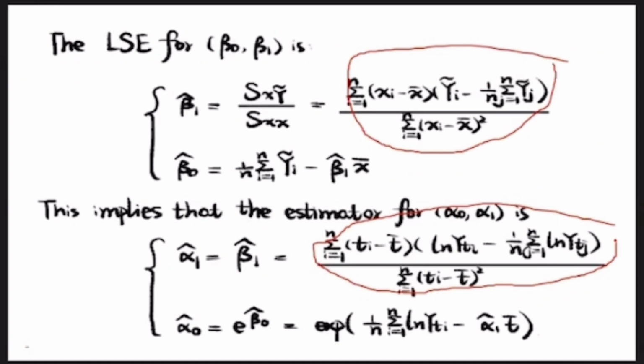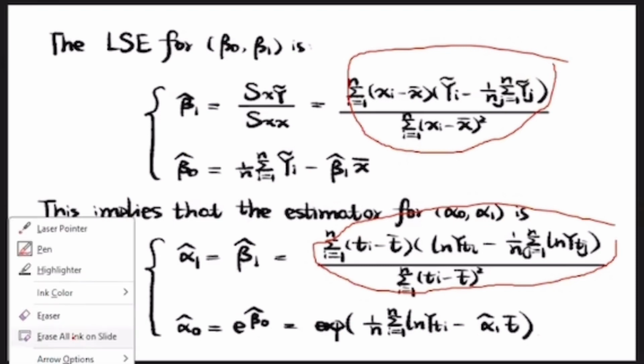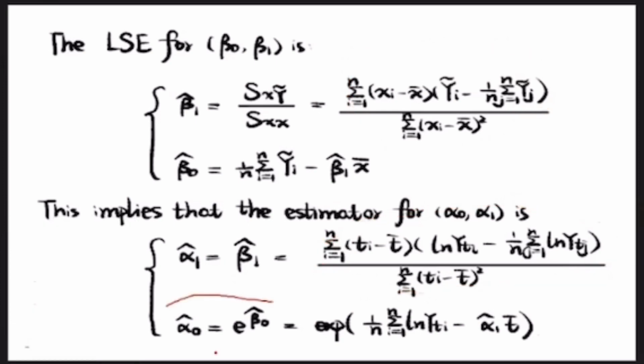And when you take a look at this guy now, what is my beta naught cap? The beta naught cap is actually this. You remember the other time, the beta naught cap is y bar minus beta 1 cap x bar. So what is happening now? The ln of yt is replacing yt, and t bar is replacing x bar.